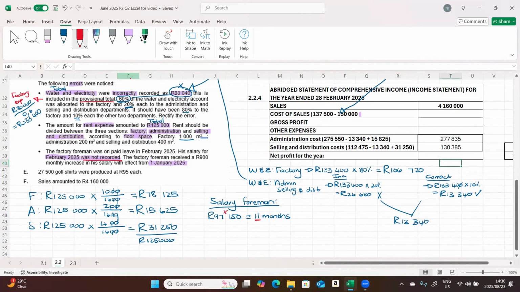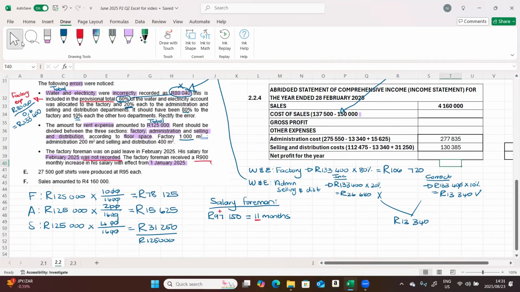We have to take the 97,150 plus that last month's salary, and then we will have his total salary for the year. But we don't have the February salary. So we are going to have to use solving x to get the salary for 1 month, which includes the increase of 900 Rand.